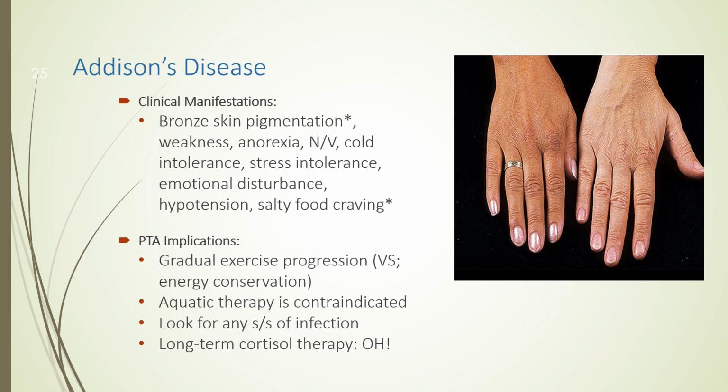Aquatic therapy in hot and humid environments can pose risk for people with Addison's disease. The heat and humidity put additional stress on the body, as they require higher cortisol levels to regulate body temperature and blood pressure.